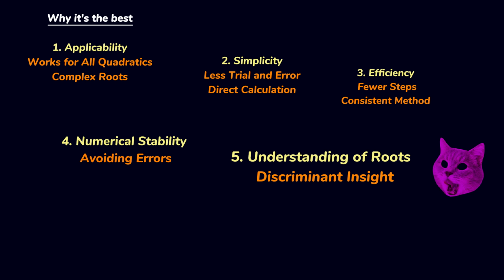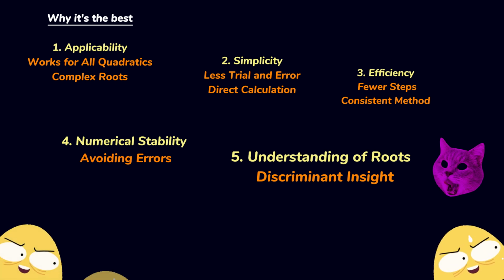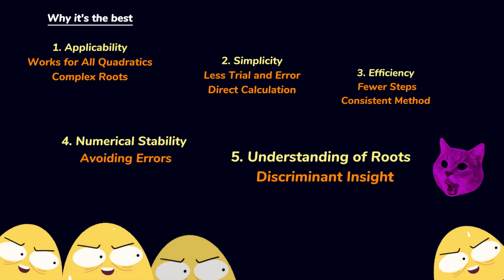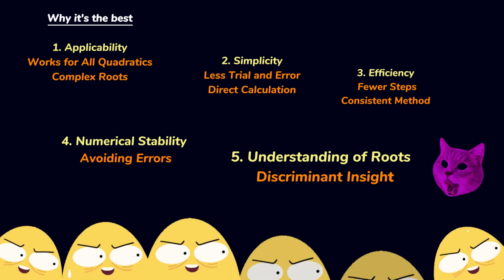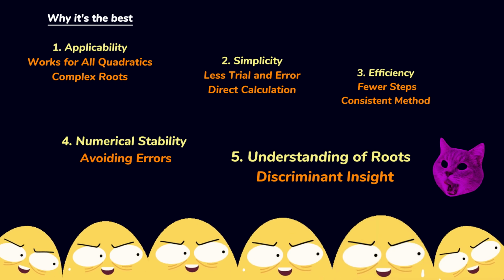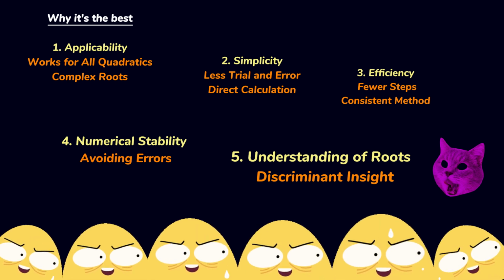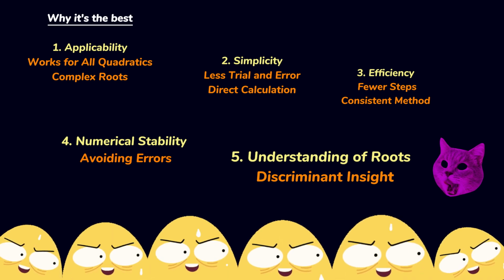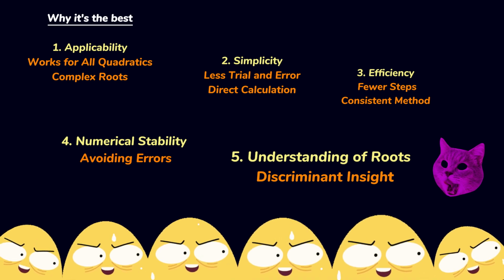Discriminant insight: the discriminant in the quadratic formula gives immediate insight into the nature of the roots. Two distinct real roots, one real root, or two complex roots. Our conclusion from here: while factorization can be quicker for simple quadratics, the quadratic formula is more reliable and versatile, making it a preferred method in many situations.